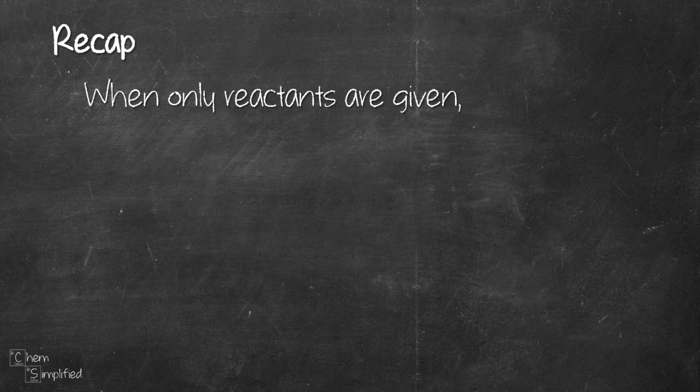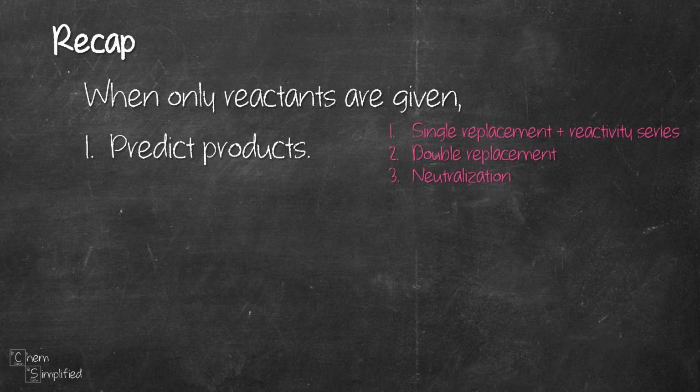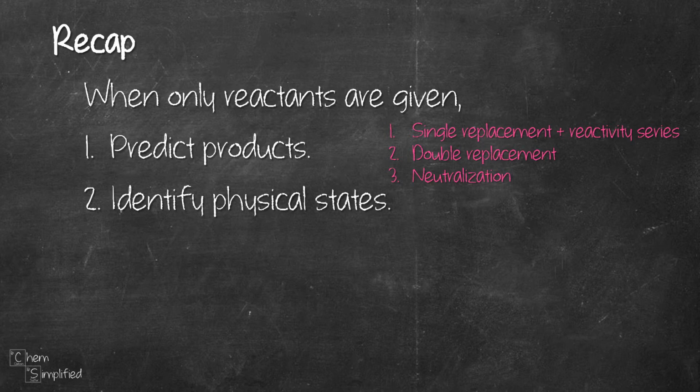To recap, when the question only gives you the reactants, we need to first predict the products after figuring out what type of reaction is involved. For a single replacement reaction, we need to check the reactivity series to make sure that the reaction will happen. Since the physical states are not given, we need to use the solubility rules to determine the physical states for every term. Then we balance the whole equation.